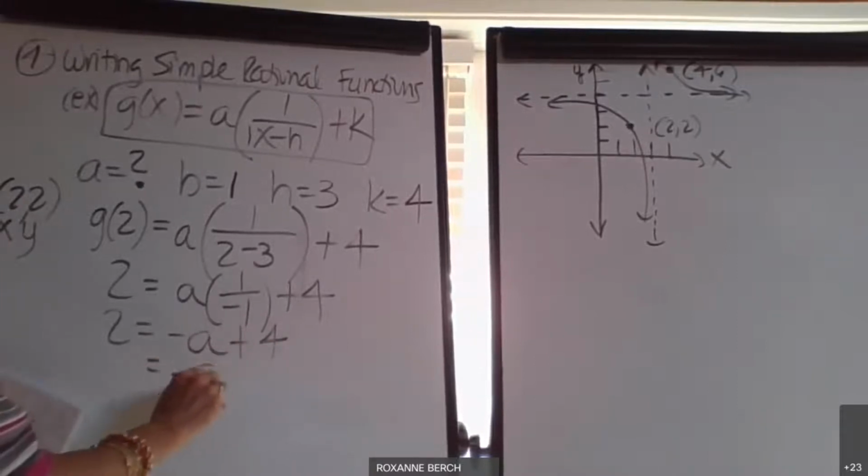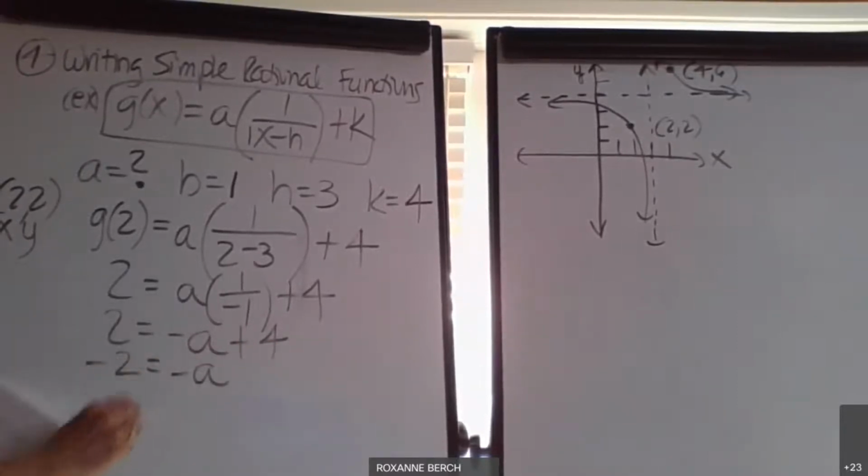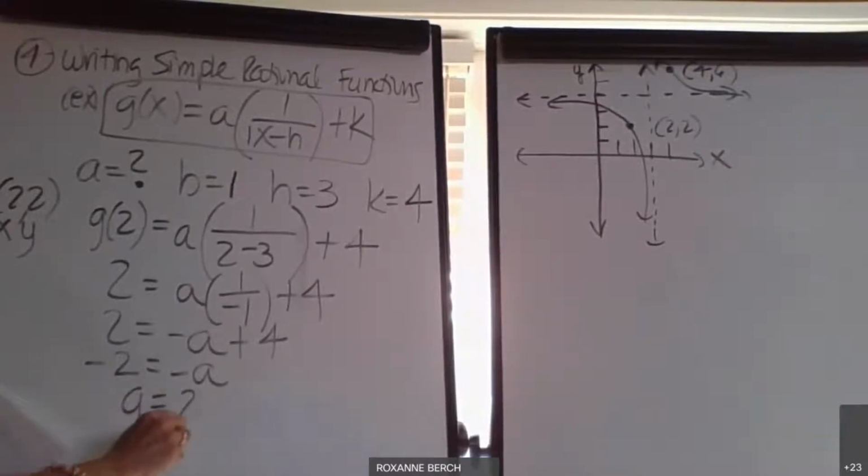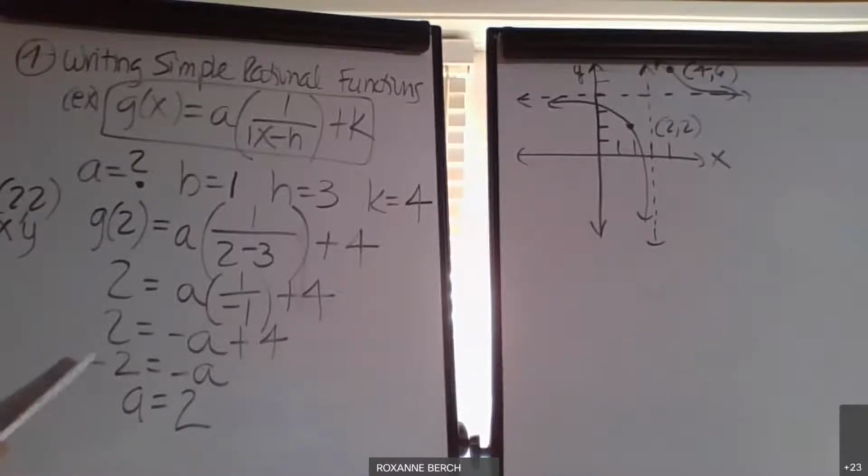So this would be -a equals -2. So doesn't a equal 2? Yeah?